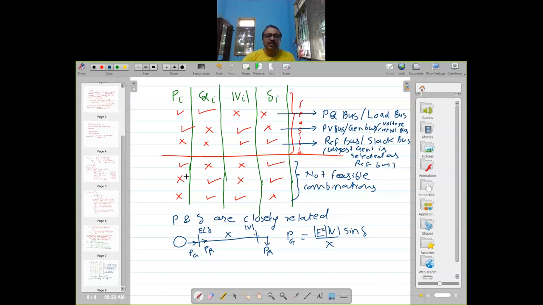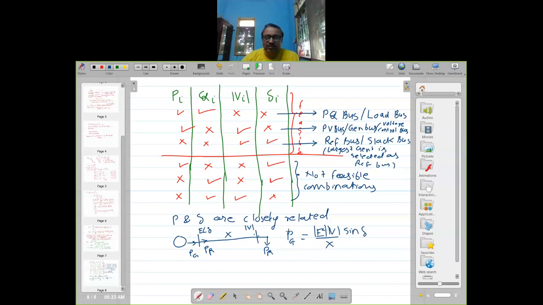So P and delta are known, E and V are unknown. They are unknown, but by how much are they going to vary? They are going to vary by plus minus 5%, so that is not going to be a big deal. There are limitations on each, so you cannot have an independent control of PG and delta.